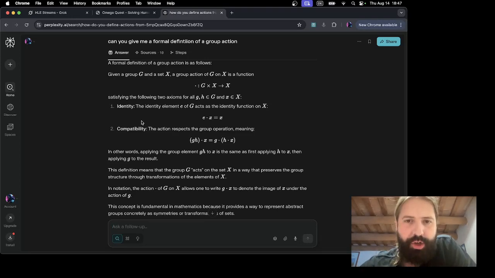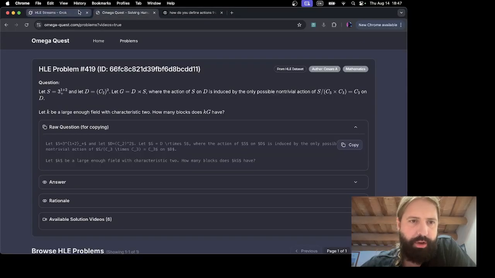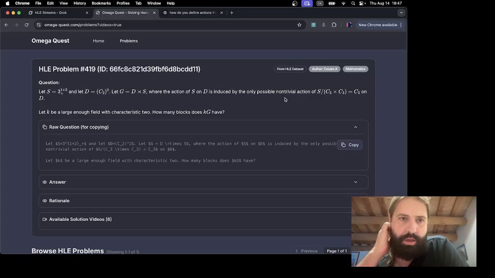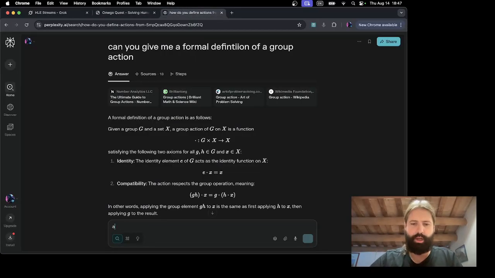Okay, but I mean action, but then I don't understand one thing. So the only possible non-trivial action of S on D. And what is an action from one group to another group?